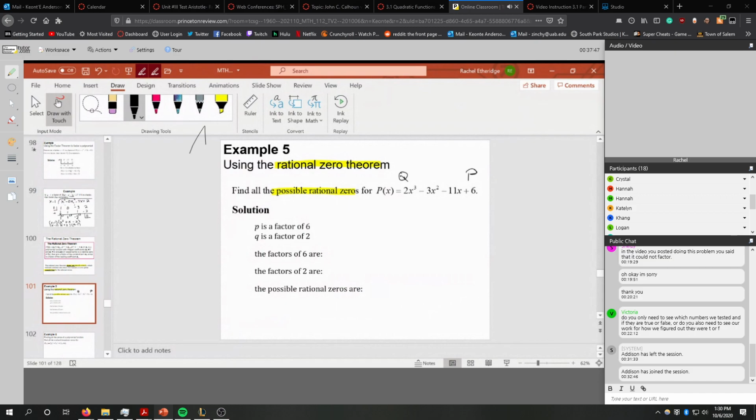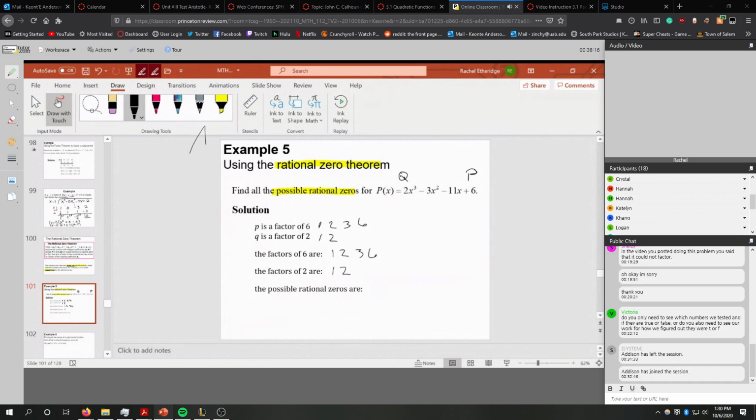So list all the factors of 6. So we've got 1, 2, 3, and 6. Those are the possible factors of 6. And then list the factors of Q, 1 and 2. The factors of 2 are 1 and 2.